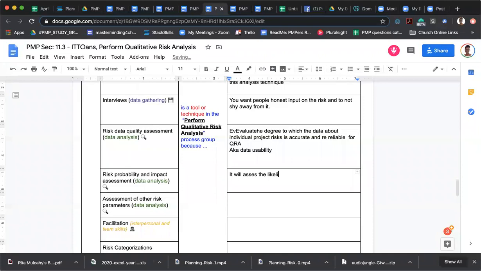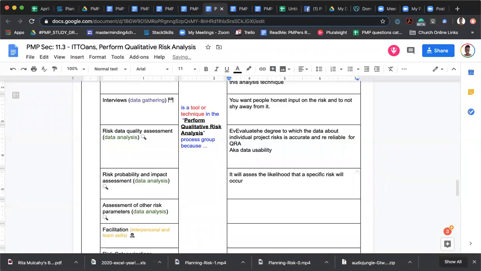It's more or less exactly the same, so we don't necessarily have to expand too much on this. And it is a tool or technique. Okay, so we have that.